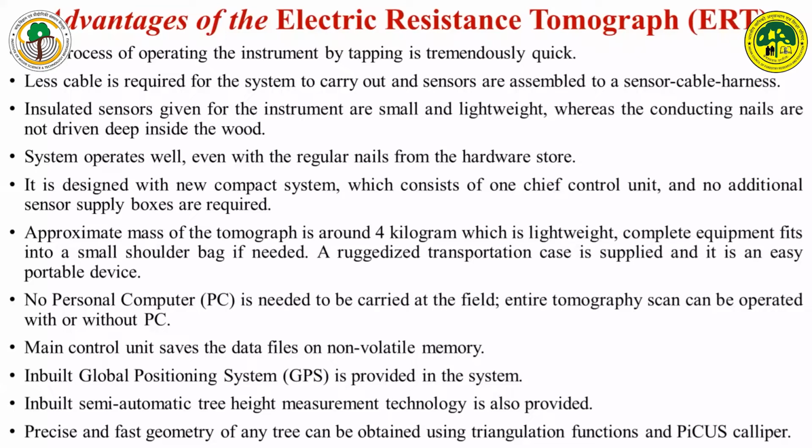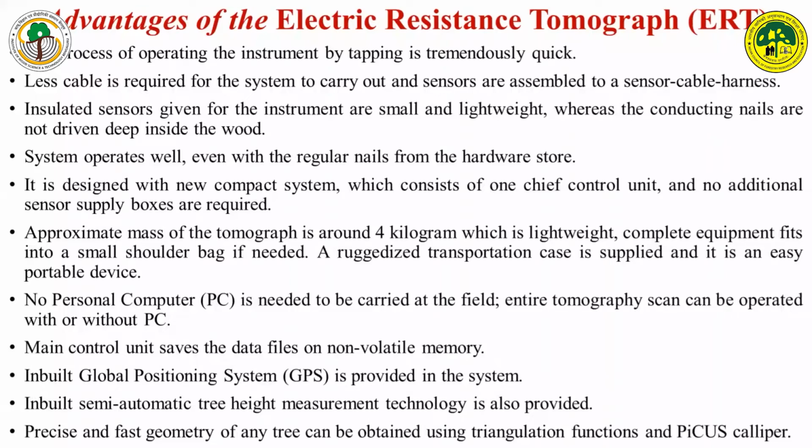And this has one more advantage, as in the Picus: the diameter or circumference measurement. With precision and fast geometry, triangular functions help us calculate even the diameter or circumference of the tree.